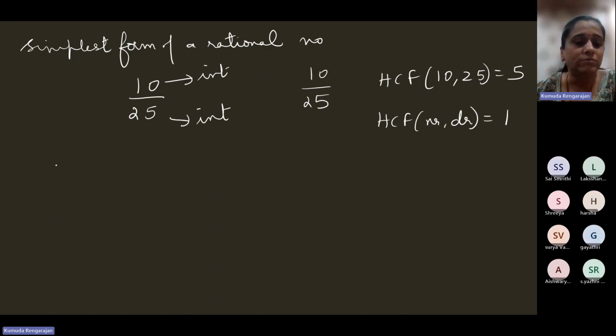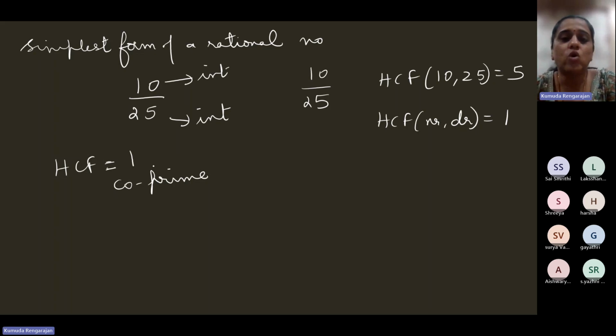Now, when two numbers have their HCF as 1, the numbers are said to be co-prime. What are co-prime numbers? Two numbers are said to be co-prime if their HCF is 1.